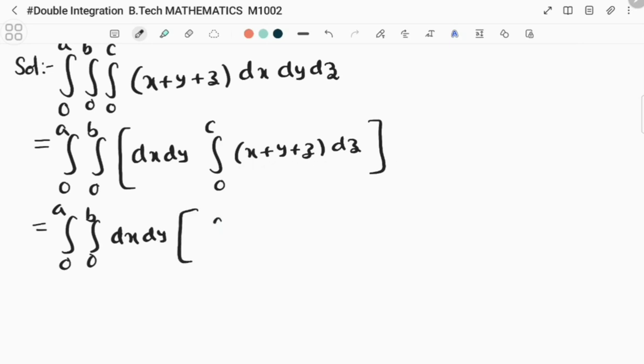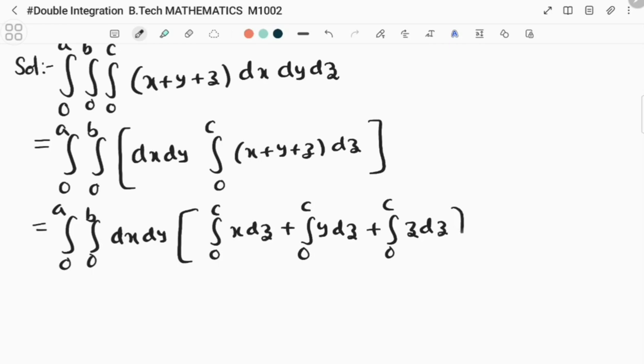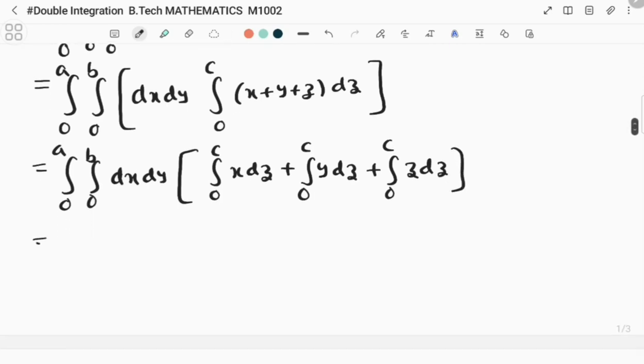Here with respect to z we are doing, so x is constant, we can take it outside: x into integral 0 to c dz. Here also with respect to z we are doing, so y is constant, so y into integral 0 to c dz. Here integral z dz is z square by 2. I hope you understand, dear students.